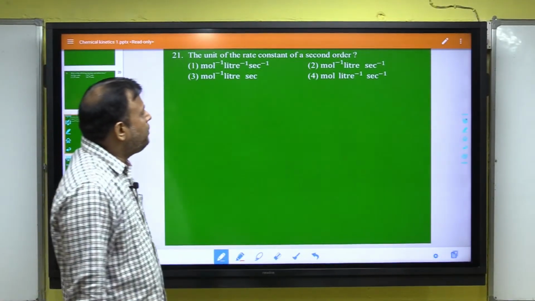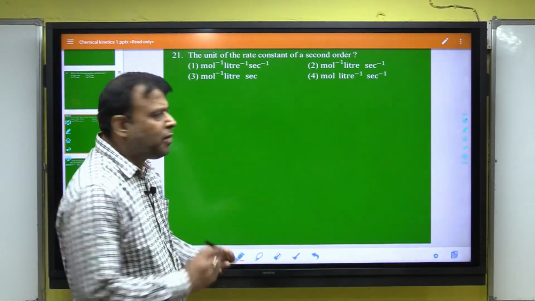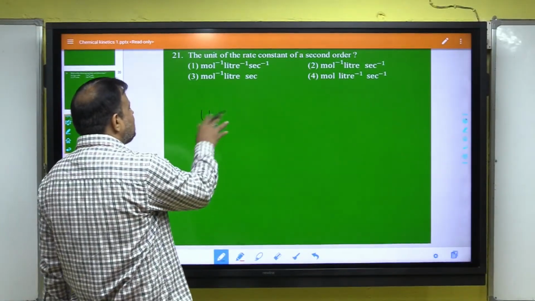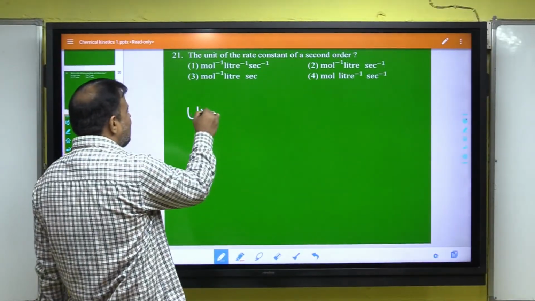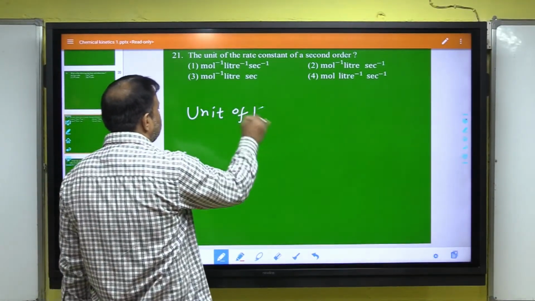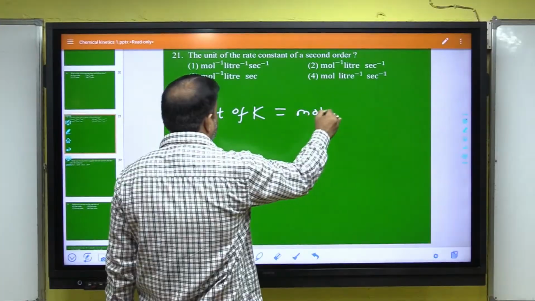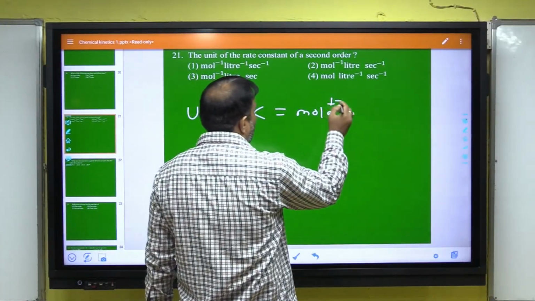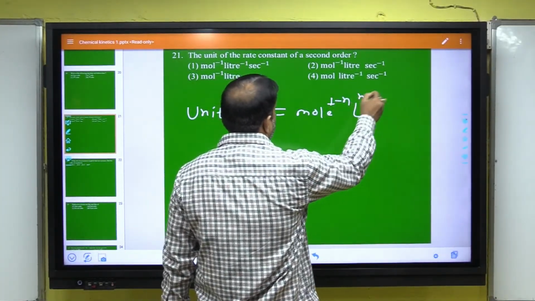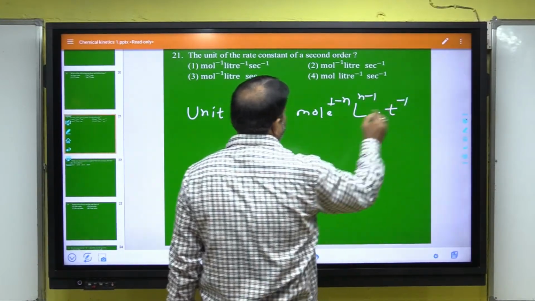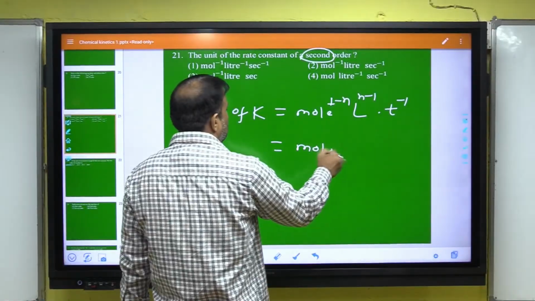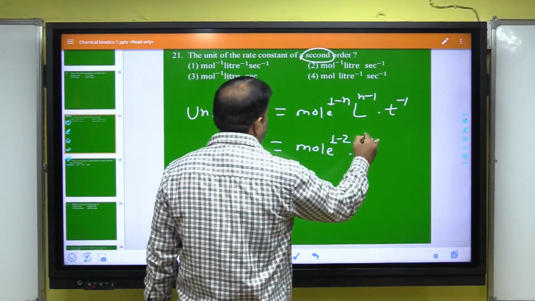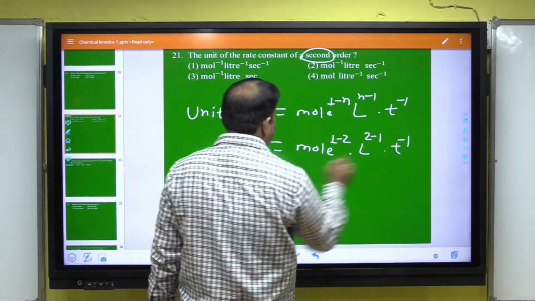The unit of rate constant for second order, मैंने आपको अभी दिया था, किसी के लिए भी आप इसी को याद रखो, हालांकि आप अलग अलग ही याद रखें. यूनिट ऑफ K is equal to mole to the power 1 minus n, liter to the power n minus 1 time inverse. In second order, n equal to 2, mole to the power 1 minus 2, liter 2 minus 1 into time inverse.